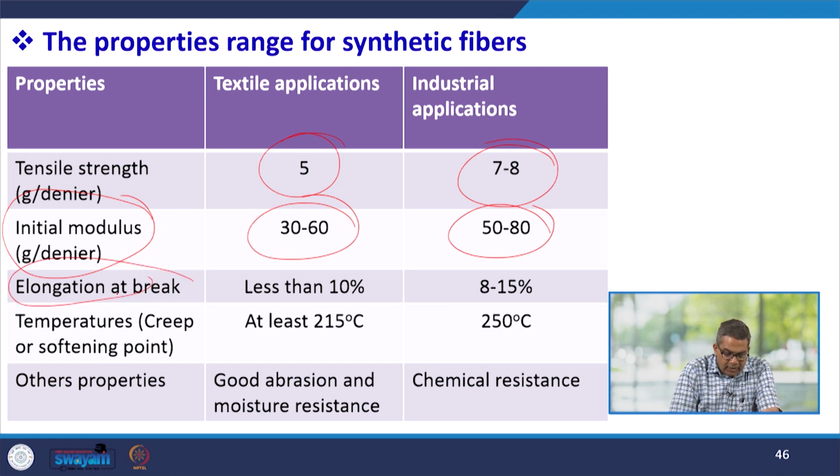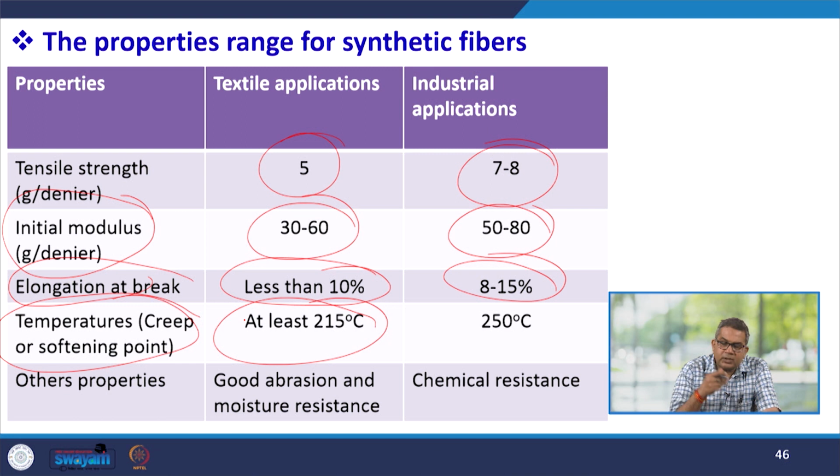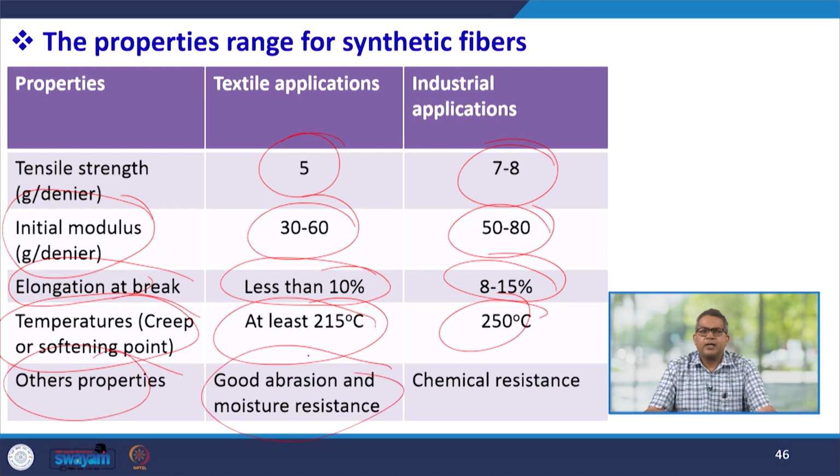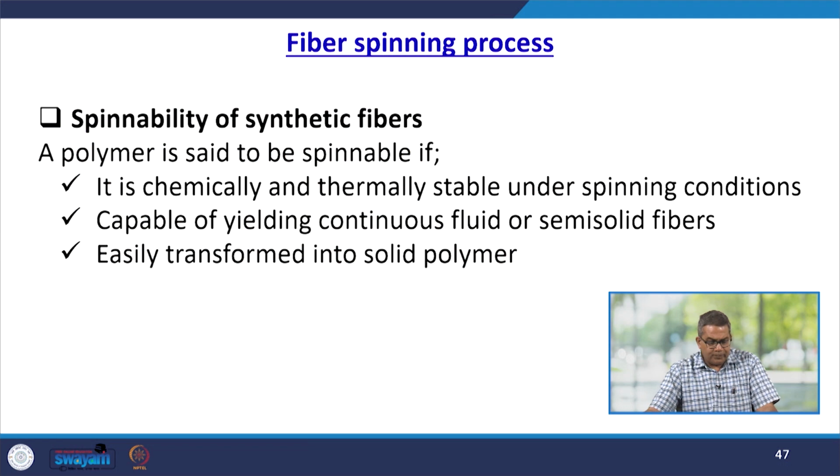Then elongation at break should be less than 10% for the textile application, and between 8 to 15% in the industrial application. And the temperature, creep or softening point, at least 215 for the textile application and 250 for the industrial application. Other properties like good abrasion and moisture resistance and chemical resistance should be there.